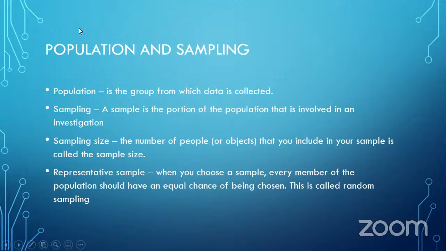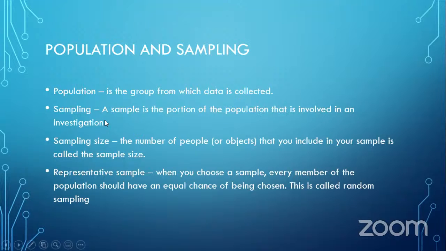Okay. As you say, the population is the people that live in an area, a group. Defined here, it is the group from which data is collected. Let's say we are dealing with people in your area where you live. That is our population. A sample is the portion of the population that is involved in an investigation.